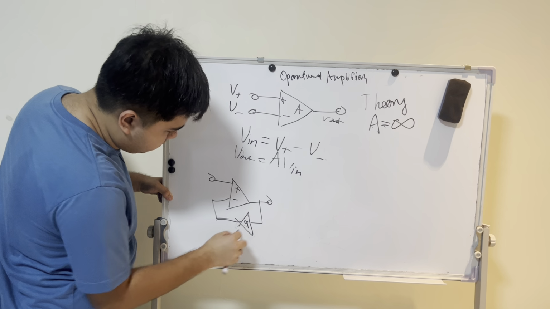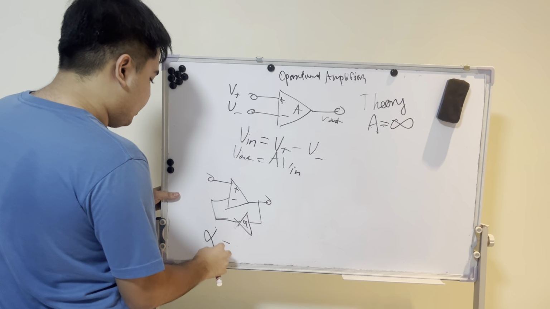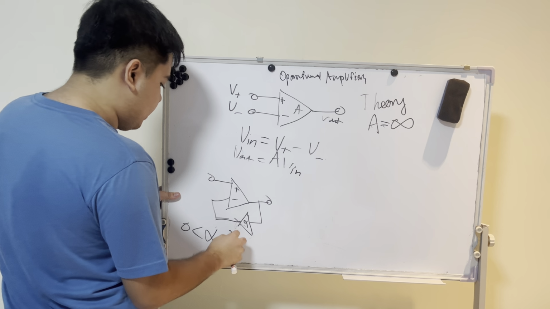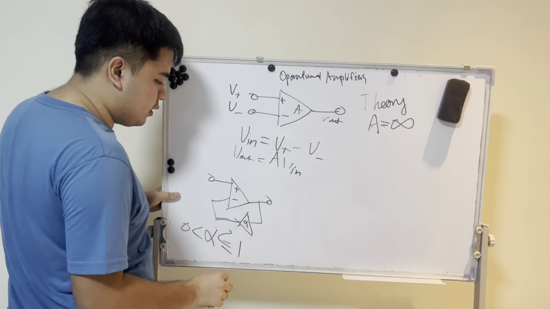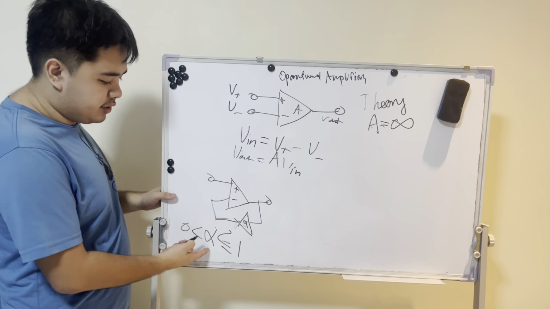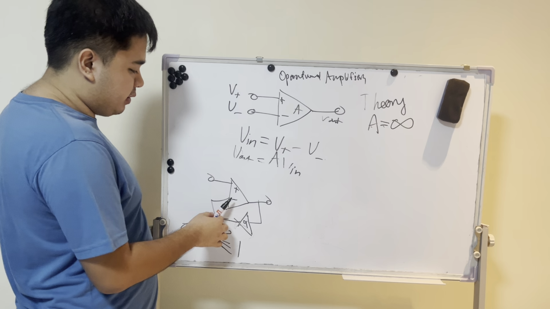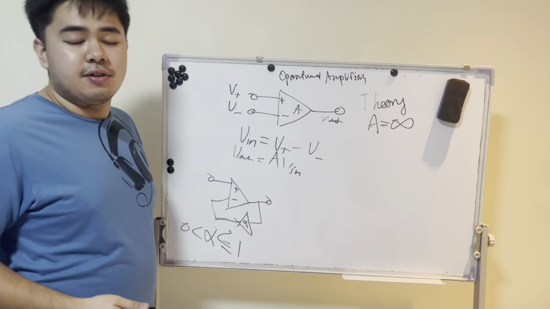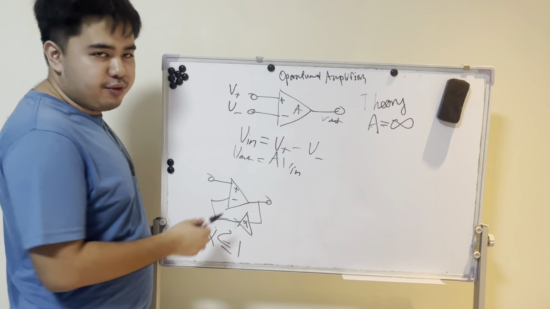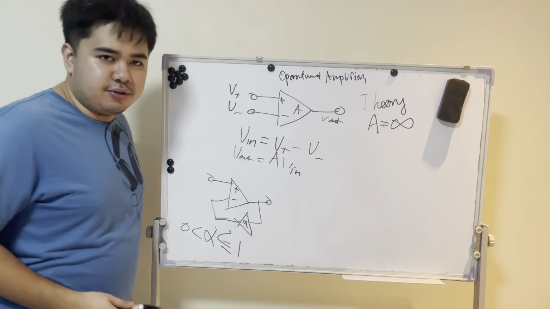Let this attenuation be alpha, where alpha is greater than 0 but less than or equal to 1. Alright? The reason why alpha is less than or equal to 1 is because if you want it to be greater than 1, we need it to be an amplifier, and that would be kind of useless.